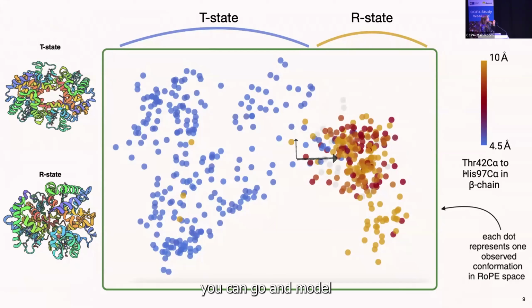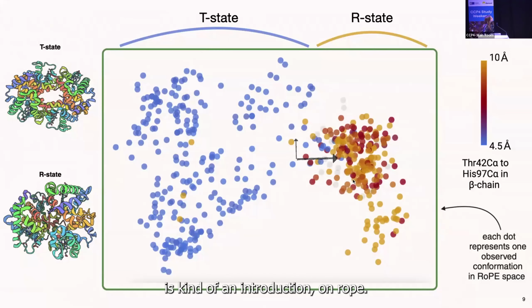You can model your structure based on that, and you can see a very clear classification of most, not all, but most of the T state structures lie on this side, closer to each other but more spread, and there are R states more clustered on this side of the conformational rope space.